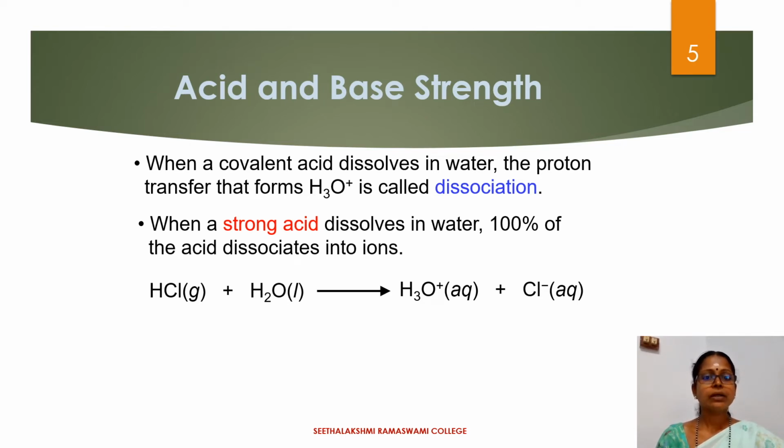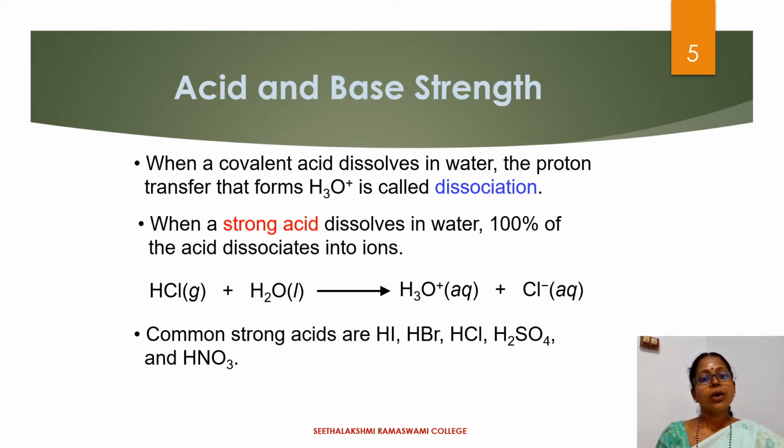As you see here, HCl, when it is dissolved in water, forms H3O+ and Cl-, and we have a single-headed arrow here. Common strong acids are hydroiodic acid, hydrobromic acid, hydrochloric acid, sulfuric acid, and nitric acid.